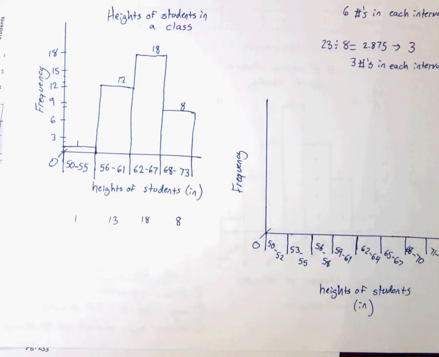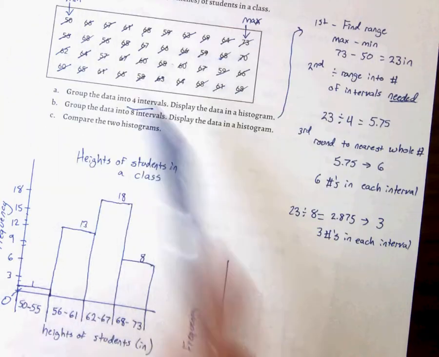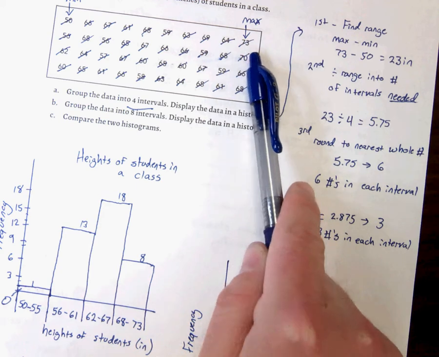So, 50 to 52, if you count how many kids were 50, 51, and 52, you're going to come up with 1. These numbers are not necessary. 53 to 55, if you count them up, you're going to come up with 0.